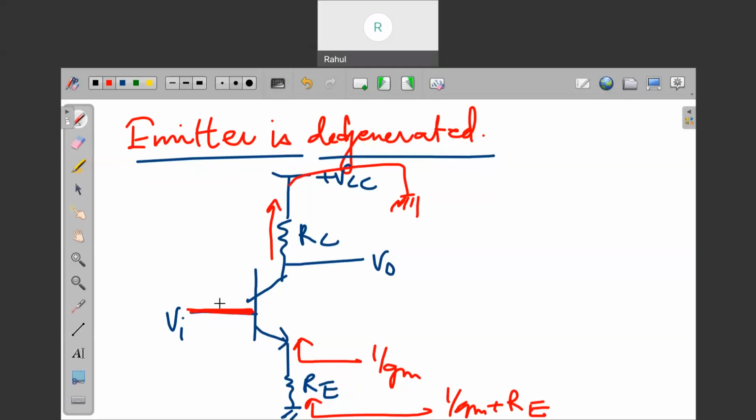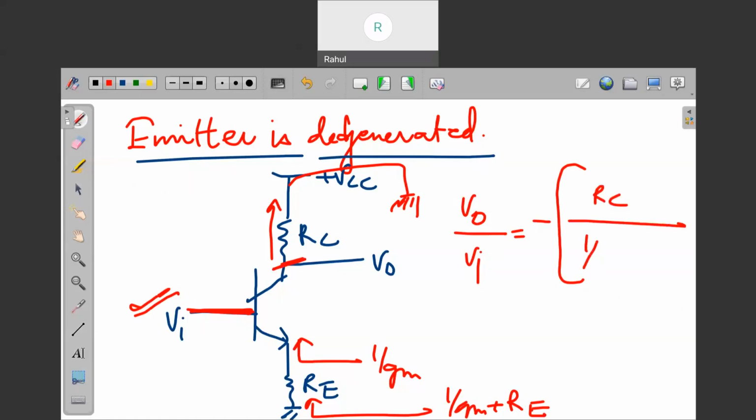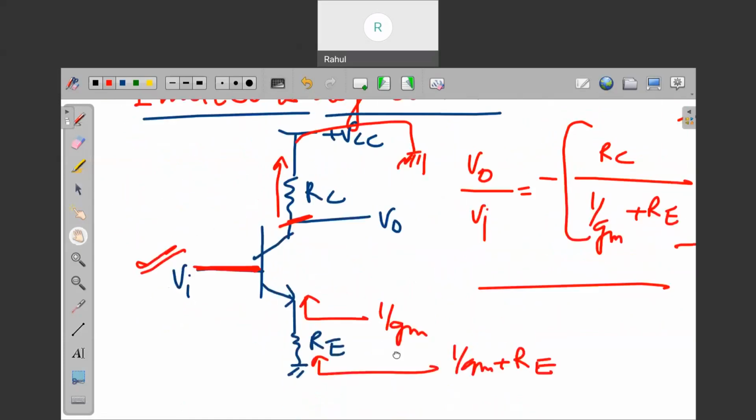We have neglected the base term. So directly you can write the gain of common emitter, V naught by Vi, will be equal to minus, because you are applying voltage at base and taking output at collector, RC upon 1 by GM plus RE. This is actually a very good way of writing the gain.